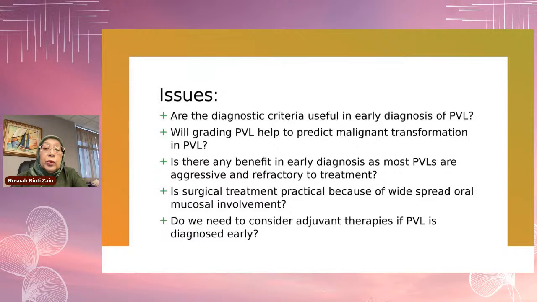I think this is an issue, especially in situations where these patients are quite elderly. And I think in the scoping paper, it actually shows that there's a tendency to be above 60. Do we need to consider adjuvant therapies if PVL is diagnosed early? I think I have not really done a good search on the management, but there may be a lot of papers on this that we can look into. Next.